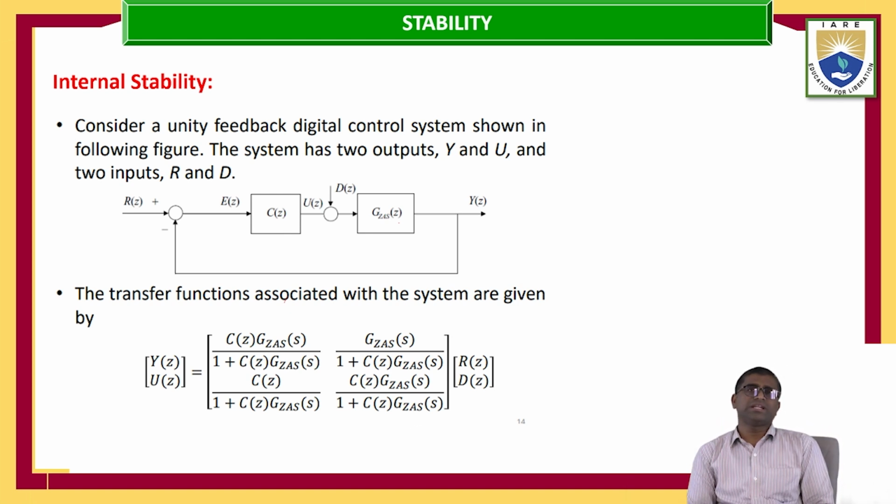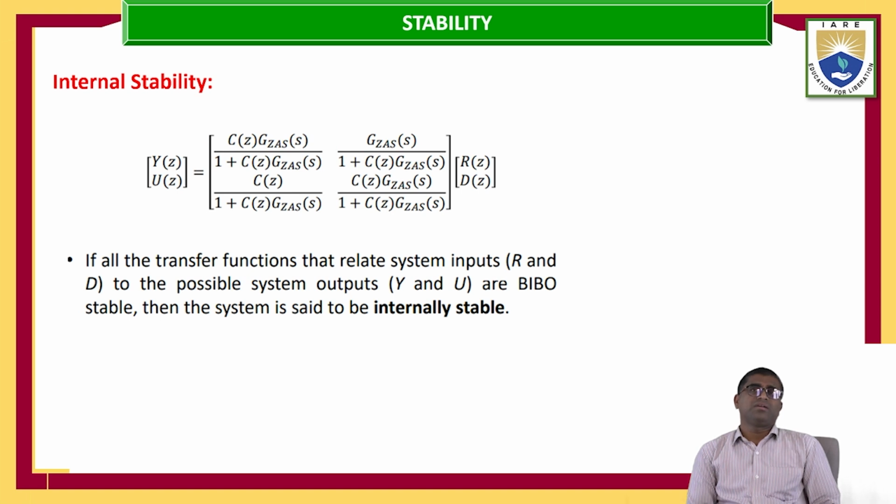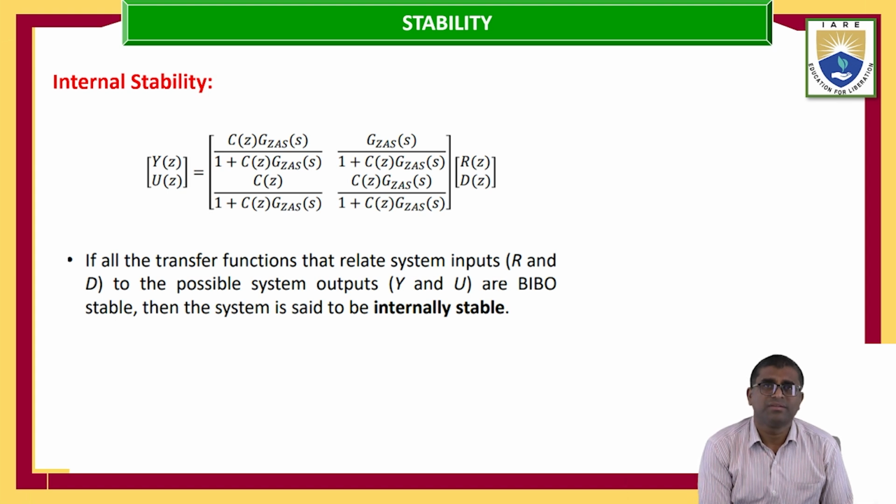This is your internal stability. So finally we say that the total transfer functions may be real for the two inputs of the system, that is nothing but D into A. There is a possibility for getting the y also. And this BIBO system is said to be in the internal stable condition.